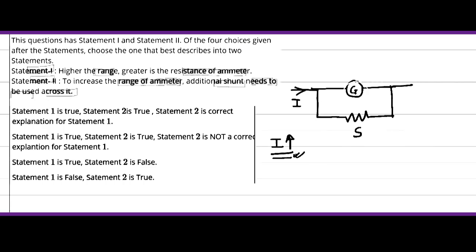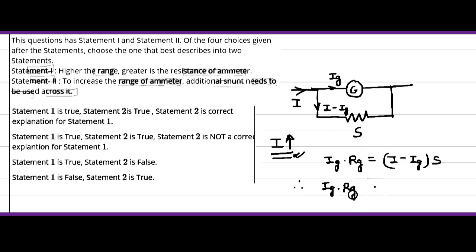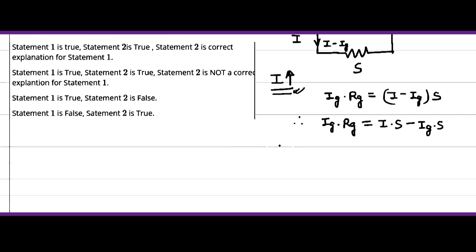If this is the current Ig, and this will be the current I minus Ig, then we can write Ig into Rg, the resistance of the galvanometer, equals I minus Ig multiplied by S. So Ig Rg equals I S minus Ig S. Now we can write I equals (Ig Rg plus Ig S) upon S.